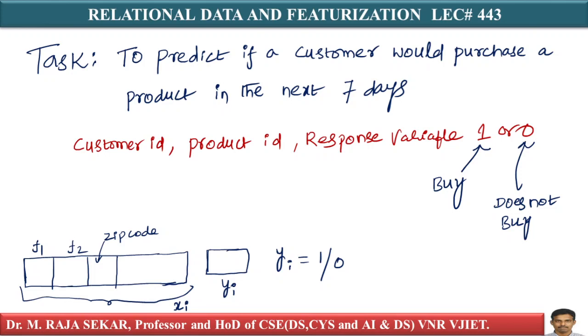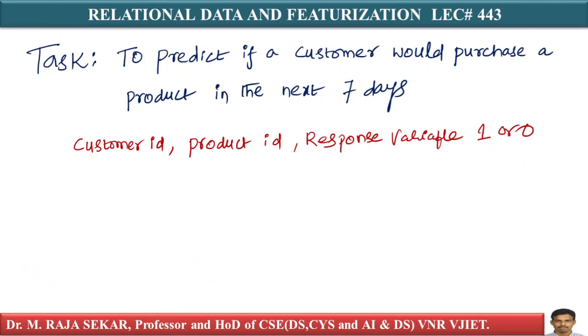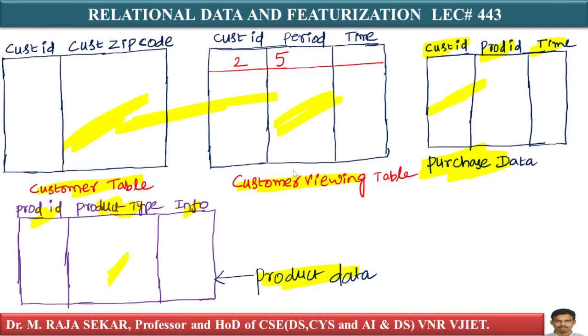One interesting feature F1 could be, so we know from common sense that a customer visiting a page, we have this customer viewing table. What is the common sense?